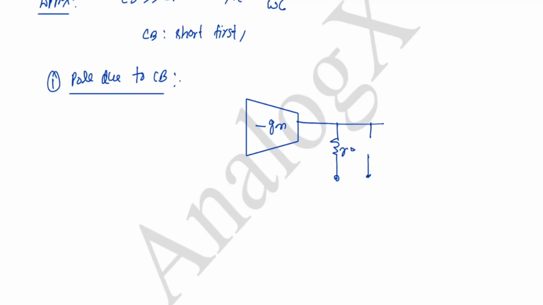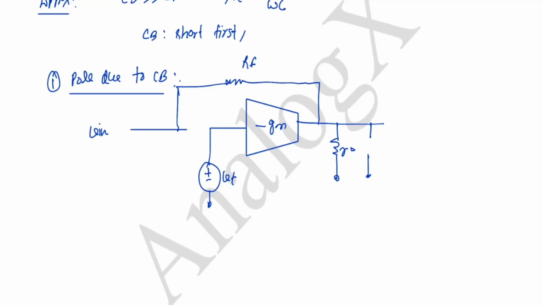Our parasitic capacitance is open circuit, and I have broken the loop, and this is our test voltage Vt, and this is Rf, and this is our V, and this is our Cb. So what will be the pole due to Cb? That will be omega p equal to 1 by Cb into Rth, looking from Cb.